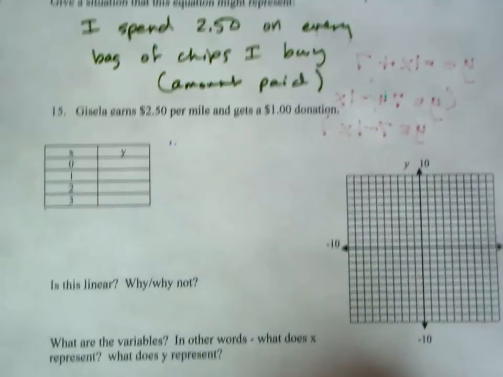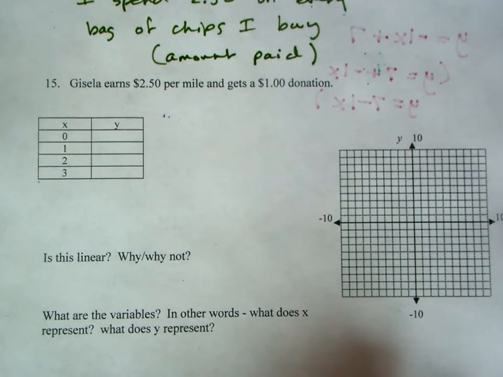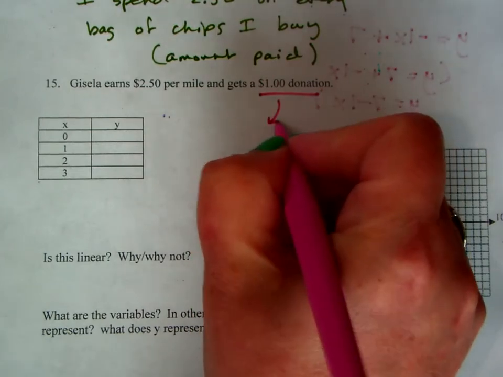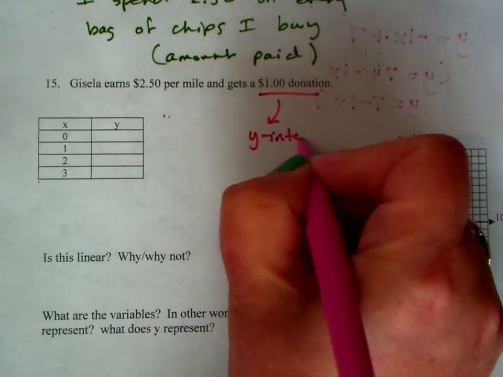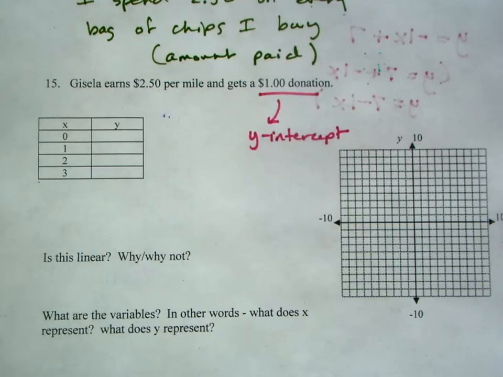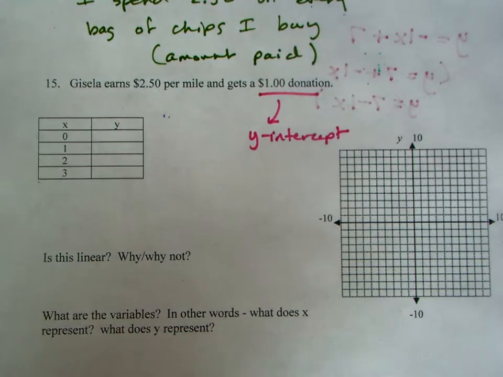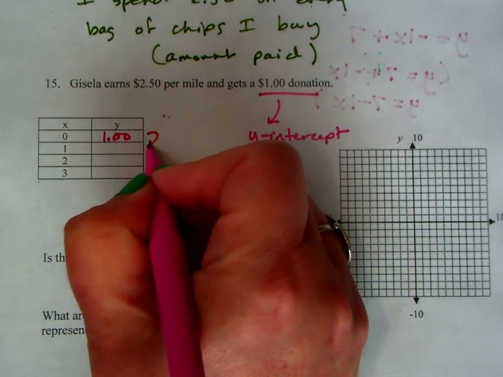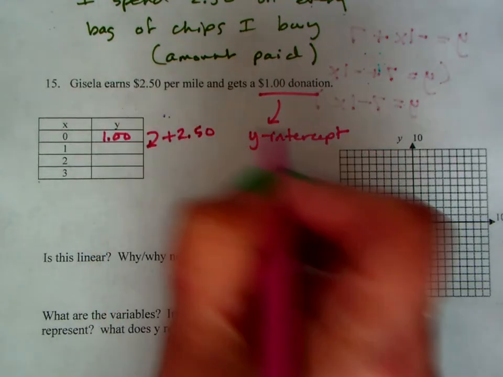And so the last question for today, or the last example going over for this class, is this person earning $2.50 per mile but getting a $1 donation. So this $1 donation is like your y-intercept. Okay, and the slope would be 250. So you would start this as $1, and then it would move up 250 every time.